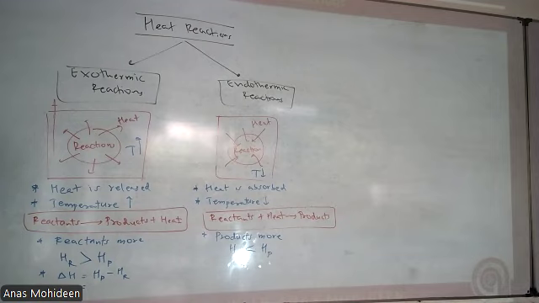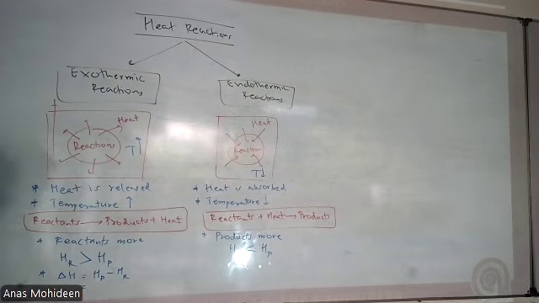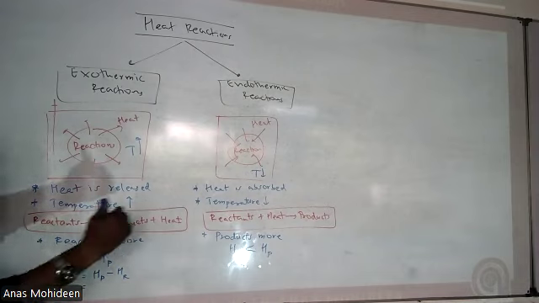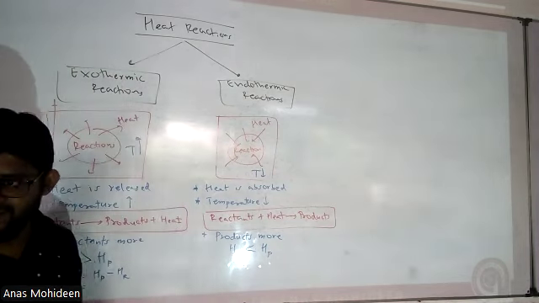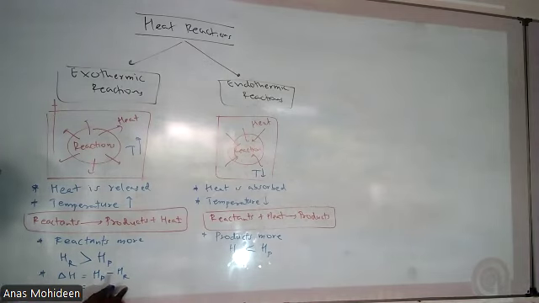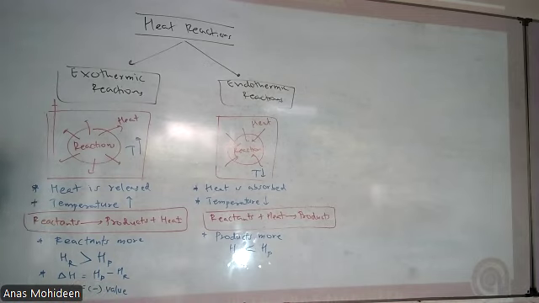I don't know the values, but I know when you take the difference, whoever has the greater value, that sign you have to give, correct? 5 minus 8, what is the answer? Minus 3. The greater value is 8. So I definitely know that the reactant holds the minus, so the value must be negative. Delta H is product minus reactant.